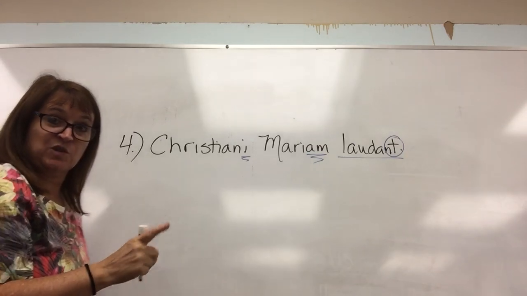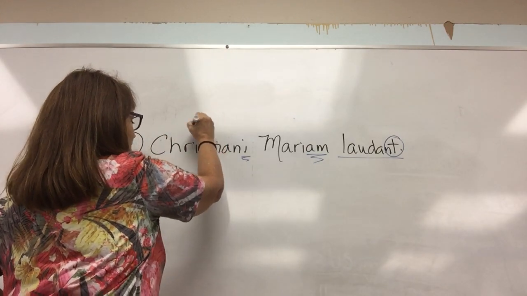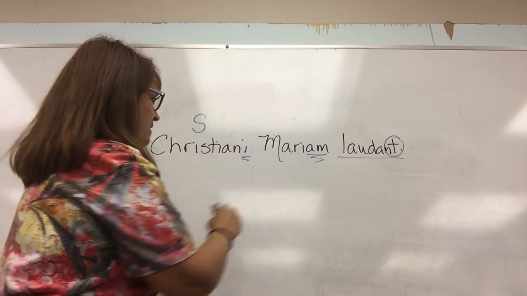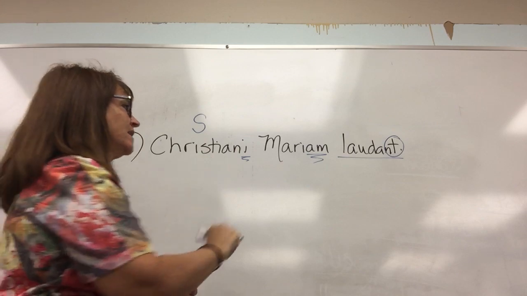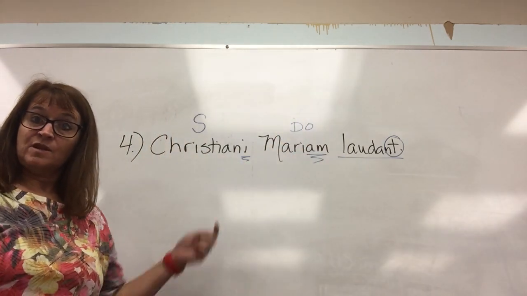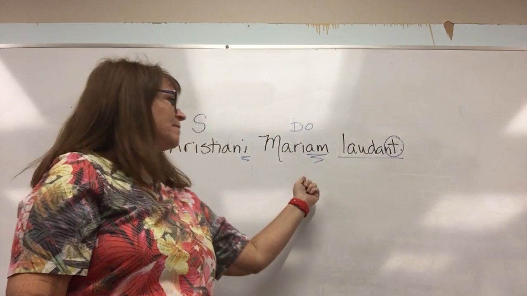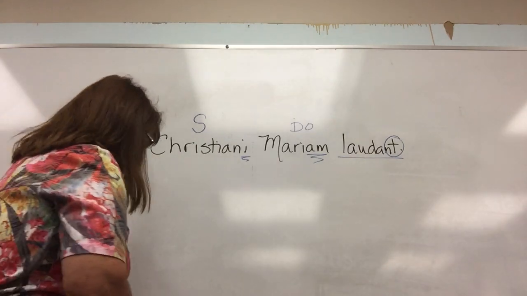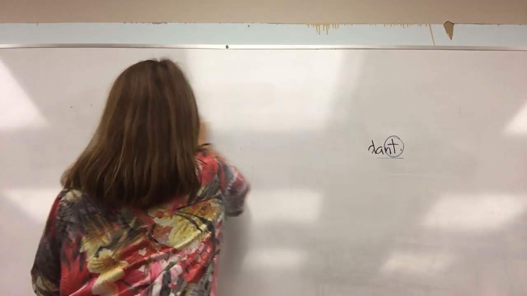We just talked about this. We know that letter I is a subject ending. So I got subject, okay, that's direct object ending. So subject, verb, direct object. The Christians, verb, praise Mary. Okay, there we go. All right, I'm not even going to write that one down. That was so fast. I'm sure you got that one right.